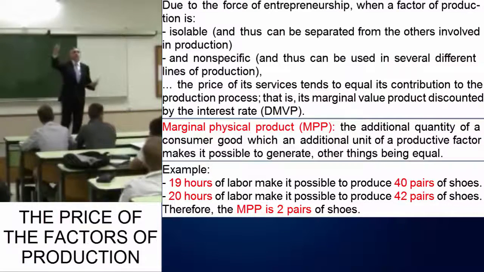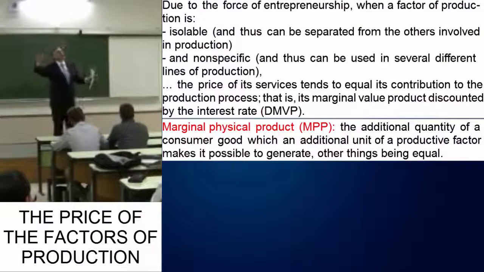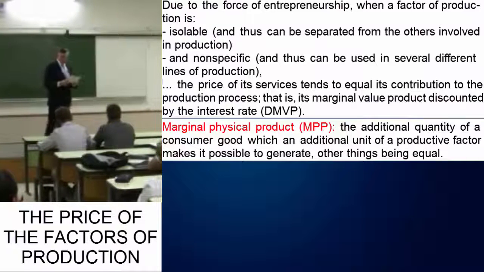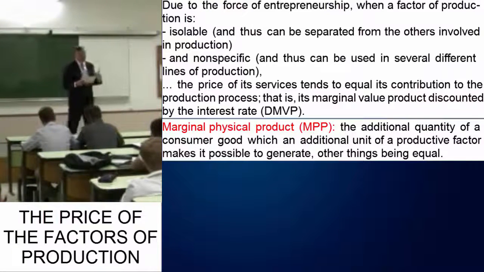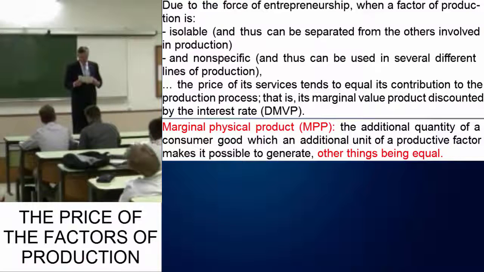One marginal or additional hour, at the margin, permits us to produce 2 more pairs of shoes. That is the concept of the marginal physical product, the additional quantity of a final consumer good which one marginal unit of a factor of production makes it possible to generate, provided that the other factors of production remain constant, ceteris paribus, all other things being equal.